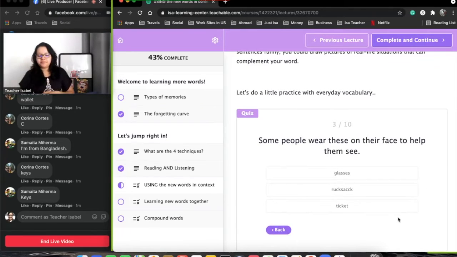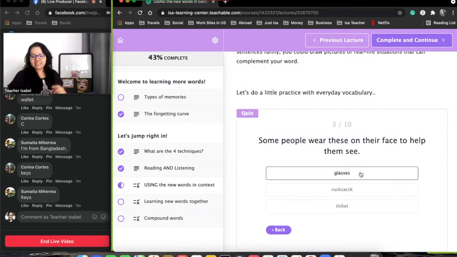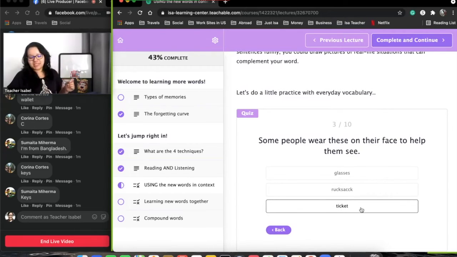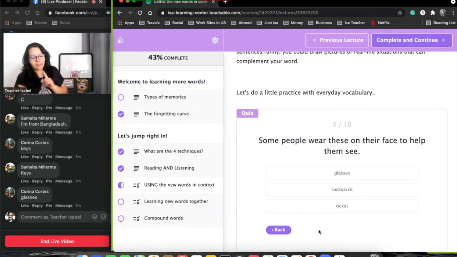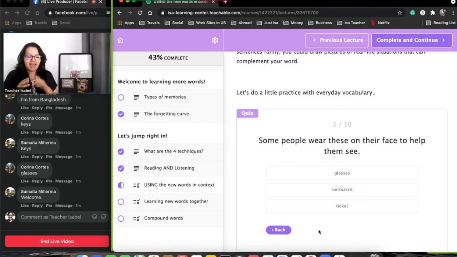Let's do one more. Some people wear these on their face to help them see. So is it A, glasses, B, rucksack, or C, ticket? What do we think? All right, I've got a glasses.